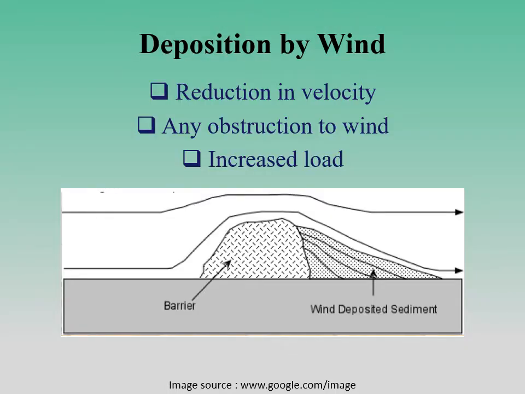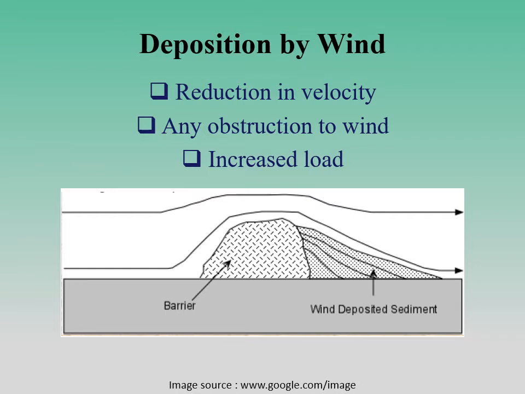Now coming to the deposition by wind. So in a moving air which contains lots of detrital particles, lots of sediments within it, we already came to know that most of the particles within a moving air are below sand size. Now, when do these blowing sedimentary particles come to rest, that means deposition from wind occurs?